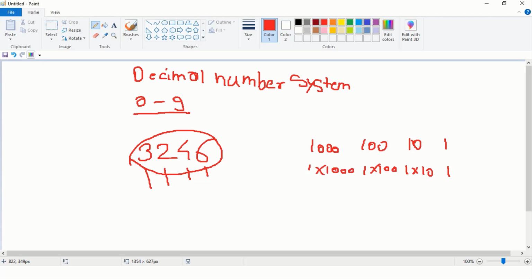So in this number 3246, this 6 means 6 into 1, this 4 means 4 into 10, this 2 means 2 into 100, and this 3 means 3 into 1000.